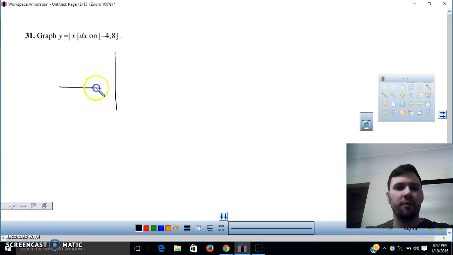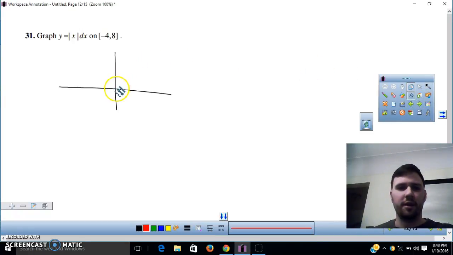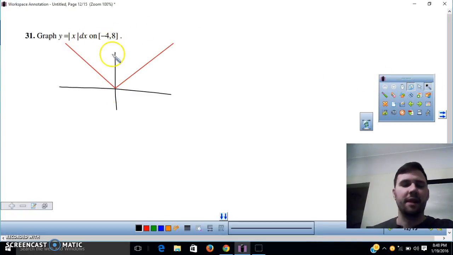And this one, when you graph it, you end up with 2 triangles, right? It says absolute value of x function. So we go over 8. So we get an 8 by 8 triangle, and we get a 4 by 4 triangle.